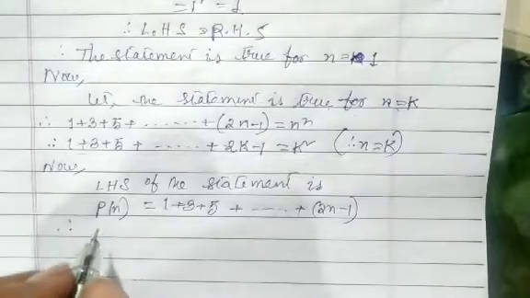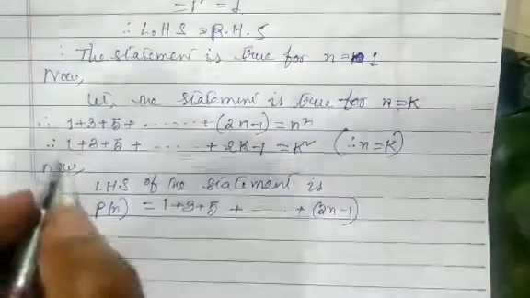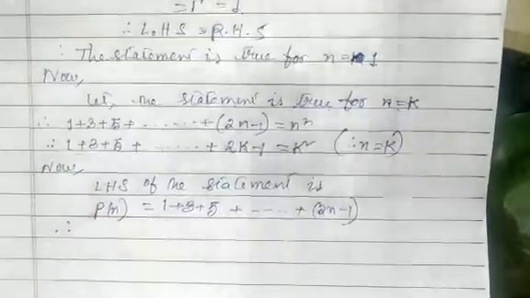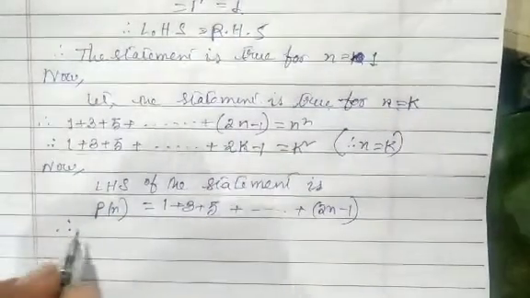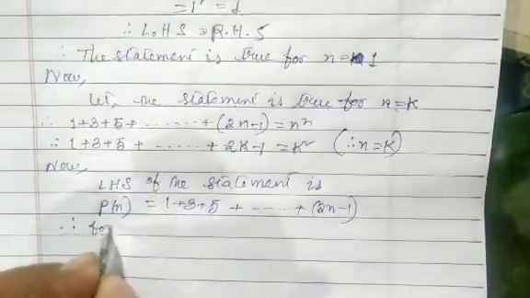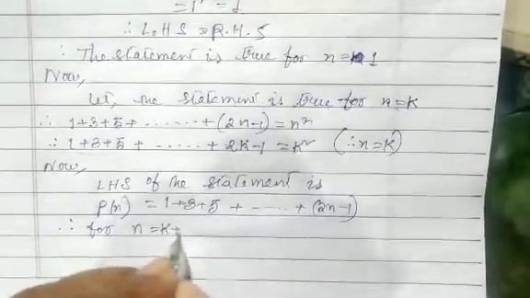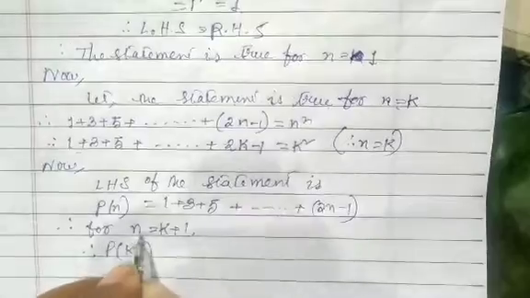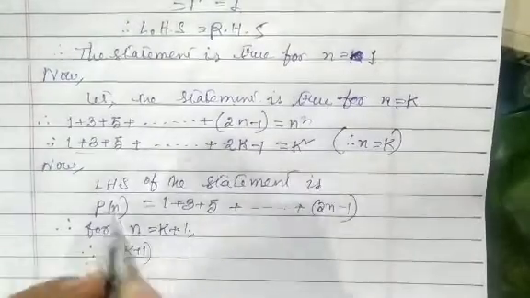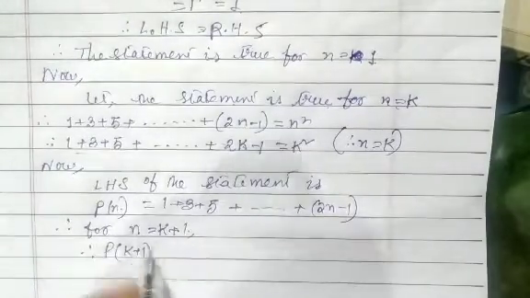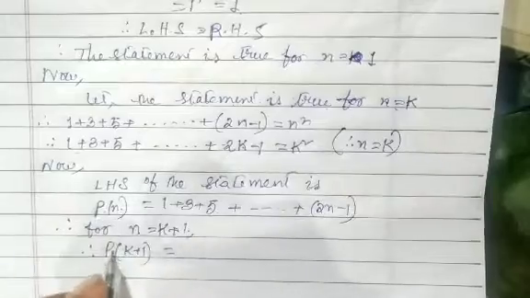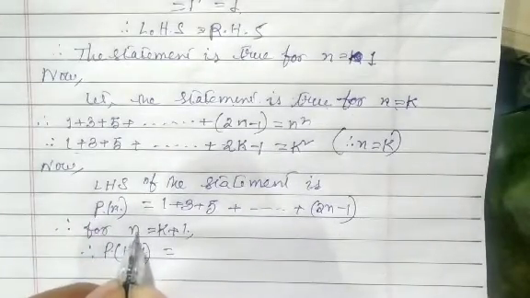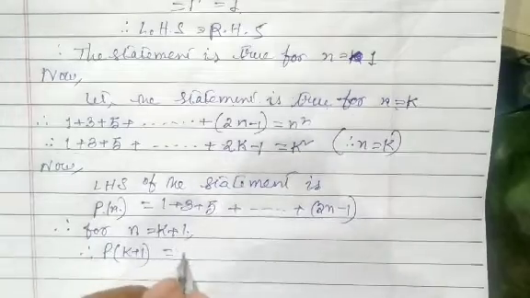We have already taken n is equal to k. Now we will check for n is equal to k plus 1. So for n is equal to k plus 1, we get P of k plus 1. In place of n it will now be k plus 1, because we have taken n is equal to k plus 1.